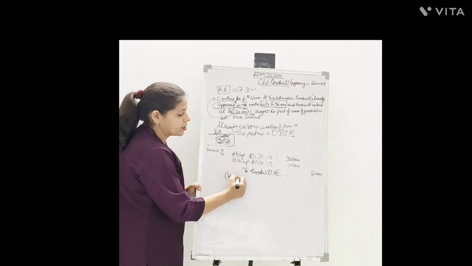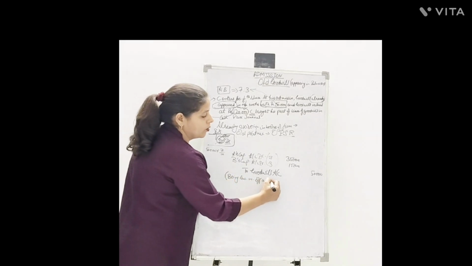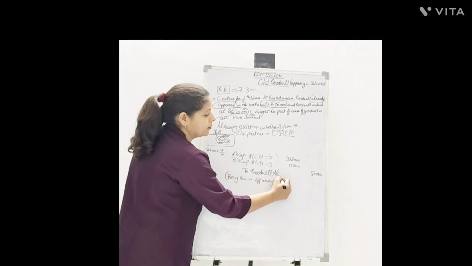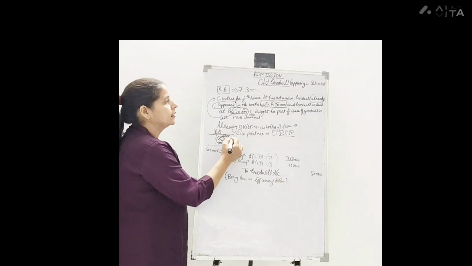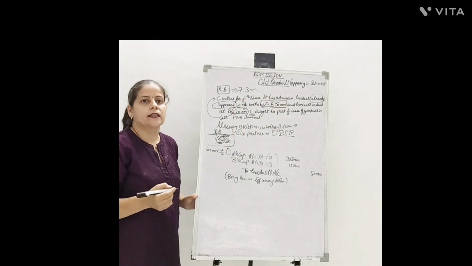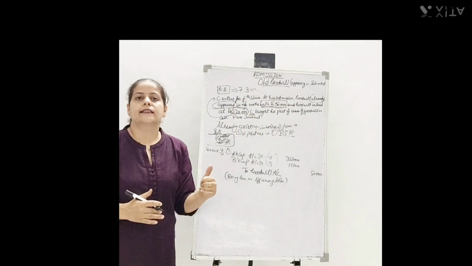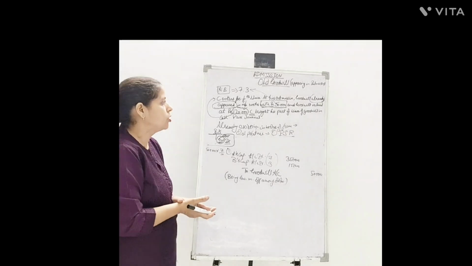So we will write the narration as goodwill written off among old partners, or you can write as written off. That's it, right? So this is the first journal to adjust this 50,000. Again, to repeat, whatever is already existing will go to the old partners in their old profit sharing ratio.